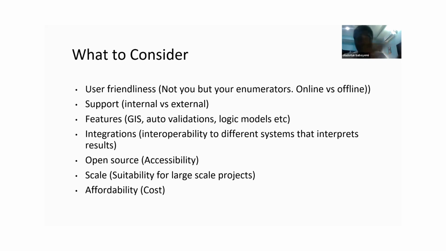But once they get back to where there's internet, it uploads automatically online to a server, you know. So these are things you need to consider in choosing the tech tools you might want to use.